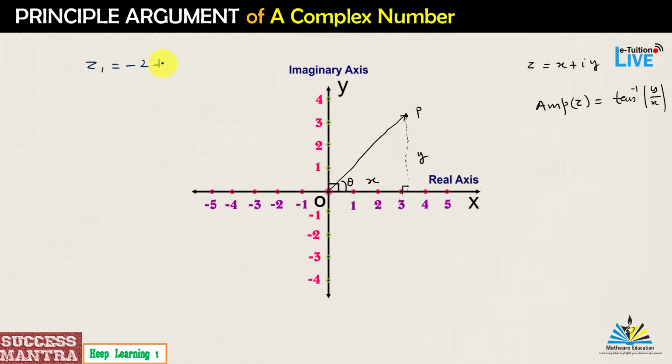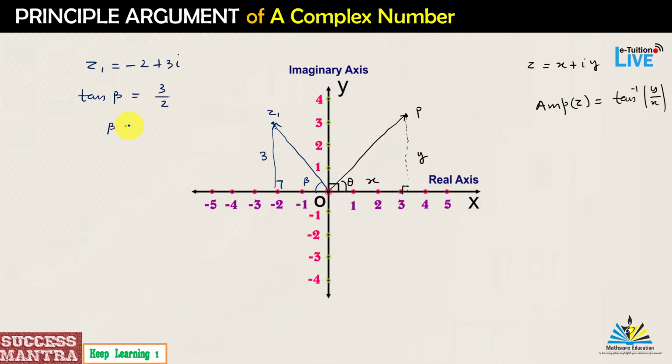Let's say if we have a complex number Z1 is minus 2 plus 3 iota, this is the Z1 complex number, as you can see here. So this is the radius vector of Z1, and this length is equal to 3 units and this is 2 units, and call this angle beta. So tan beta is equal to 3 upon 2.